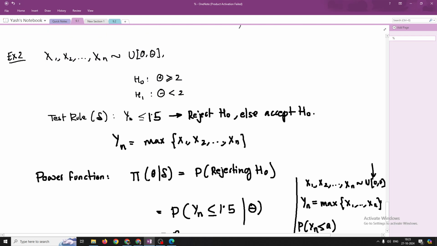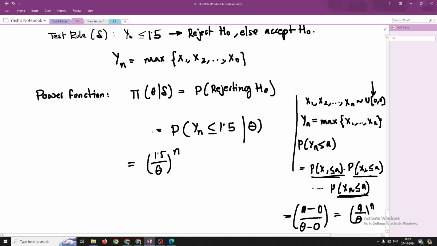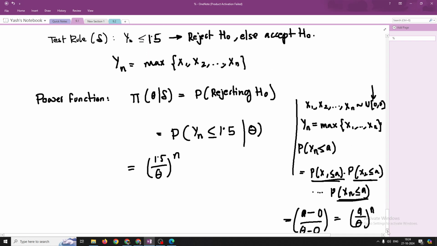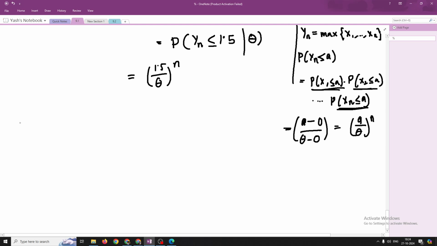Okay, so this is what I think is the answer. I'm not sure. And okay, so one more layer of complication that we can add. So this is the power function, that pi of theta given our test procedure is this.